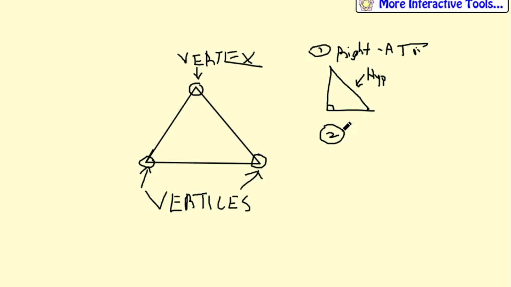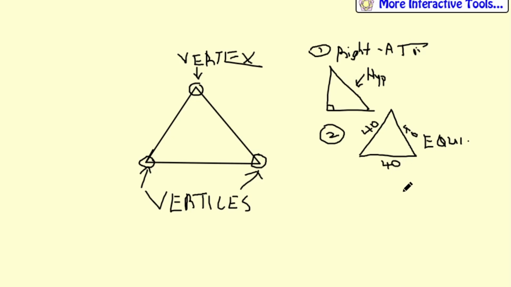Second type of triangle we have is called an equilateral triangle. All right. So the equilateral triangle has all sides equal. So 40 millimeters on this side, 40 millimeters on this side, 40 millimeters on this side.